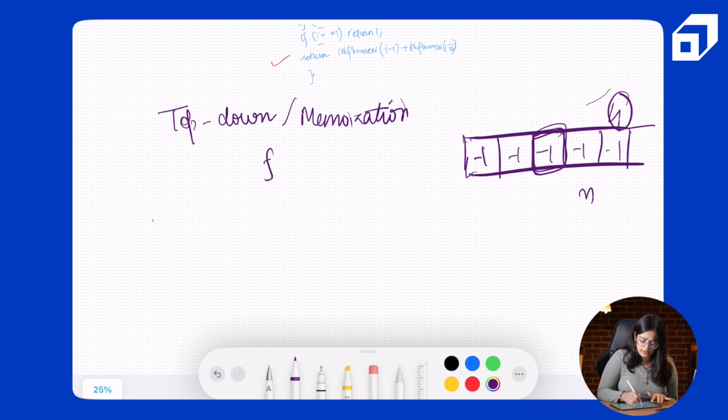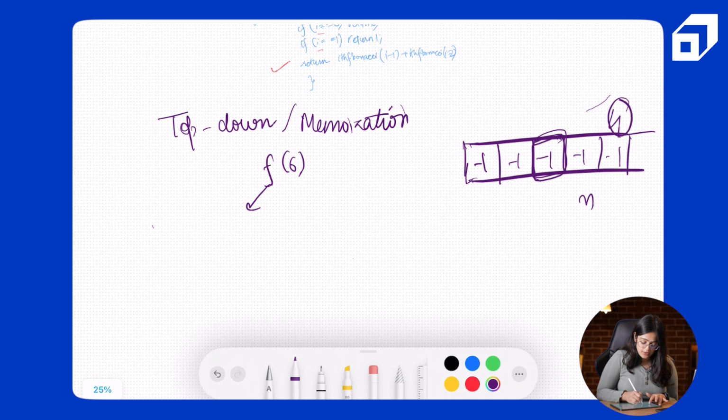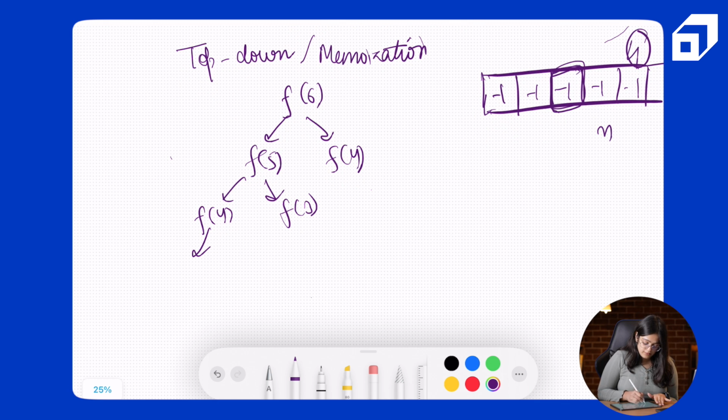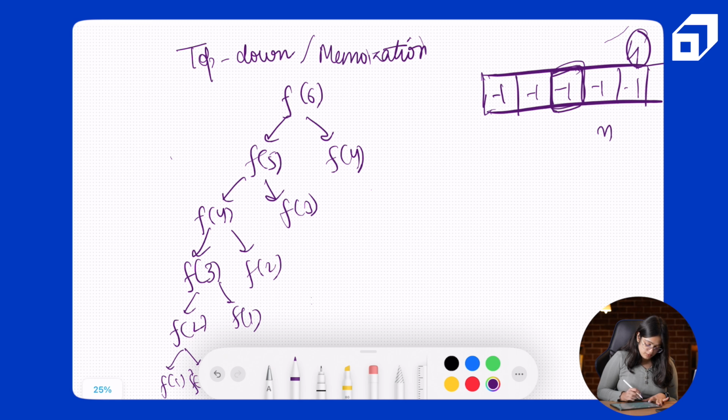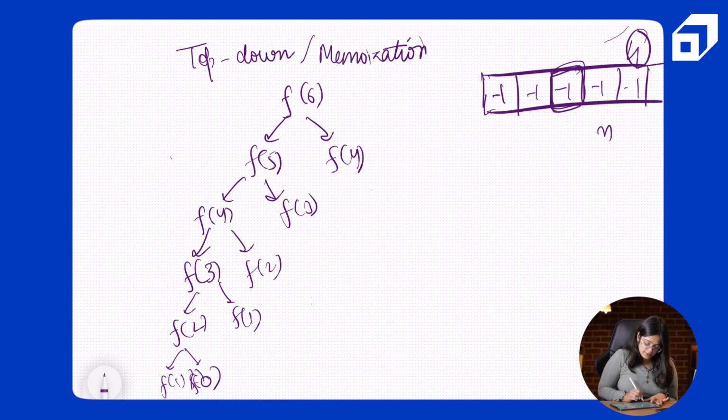So when we were looking at our recursion tree, we were going to f of 5, f of 4, f of 4, f of 3, and we'll be calculating f of 4 here. So f of 3, f of 2, f of 2, f of 1, f of 1, f of 0. Here we can calculate f of 2 as the sum of f of 1 and f of 0, so f of 2 will come out to be 1.